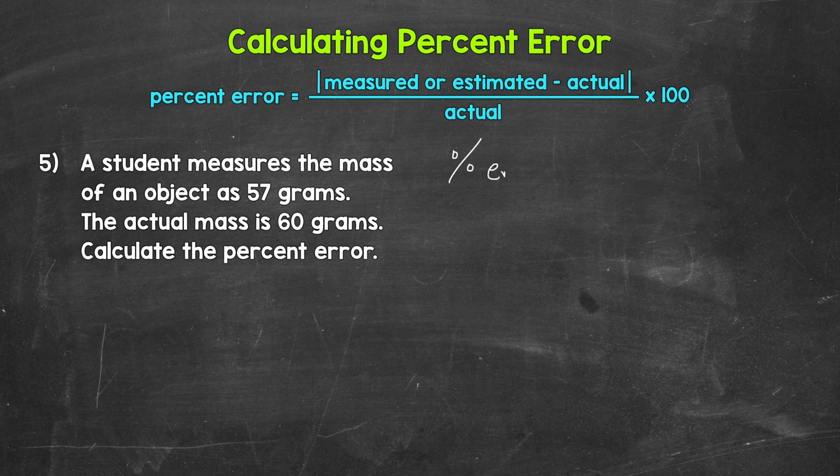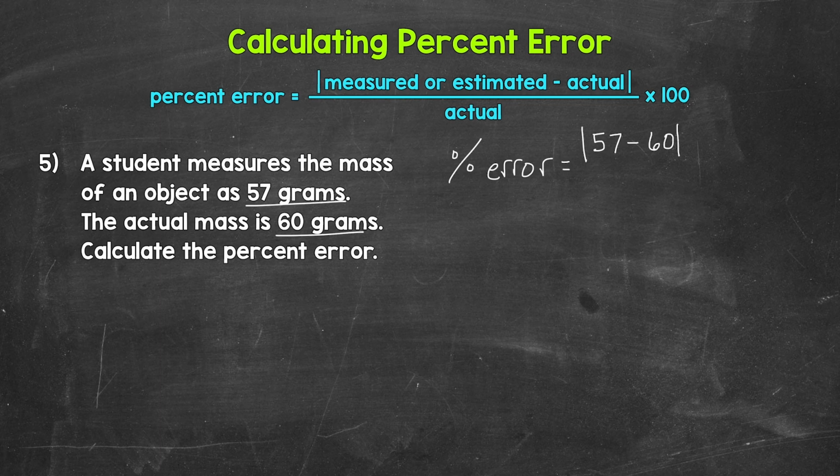We have percent error equals, and now we need to take the absolute value of the measured value minus the actual value. The measured value is 57. So 57 minus the actual value, which is 60.